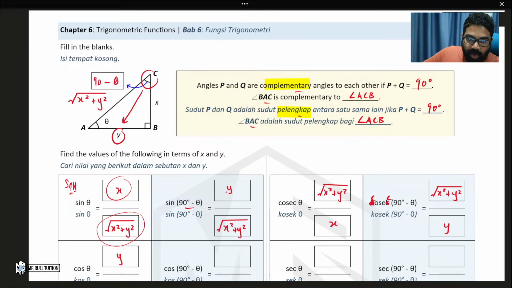So it is y over hypotenuse. Hypotenuse tetap sama lah. Square root x square plus y square. Boleh? Kan? Okay, alright. Okay, then cosecant will be salingan dia lah. The reciprocal. We already know that cosecant is 1 over sine, right? Cosecant ialah 1 per sine.